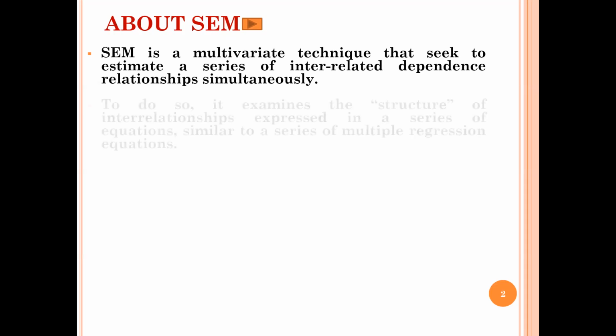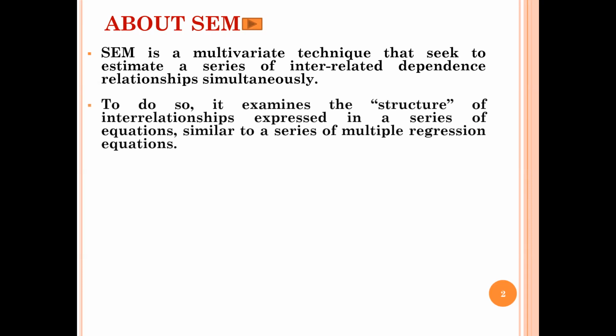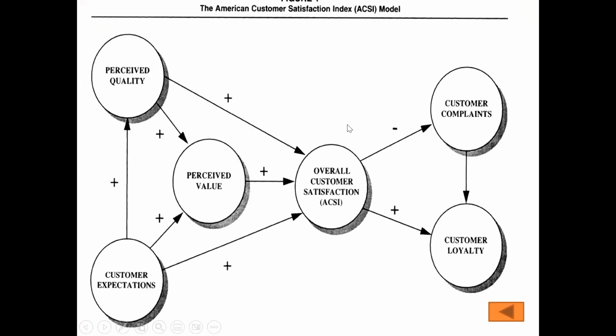So basically, it examines the structure of interrelationships, which are a number of equations. In regression, there is one equation, but in the case of ACM, we have multiple equations that we can think of. So let me go to an example. This is somewhat what we are talking of. Had you done regression, you had to run a number of regressions for this particular model.